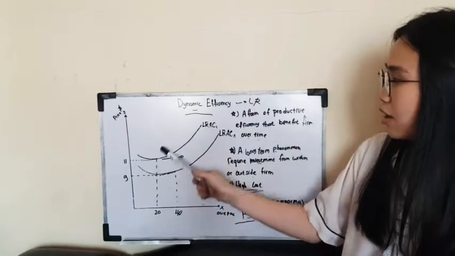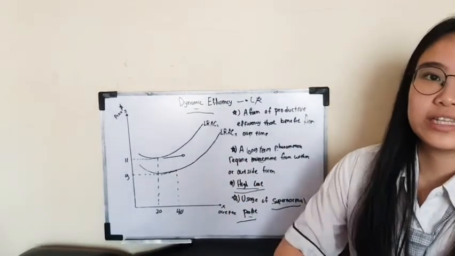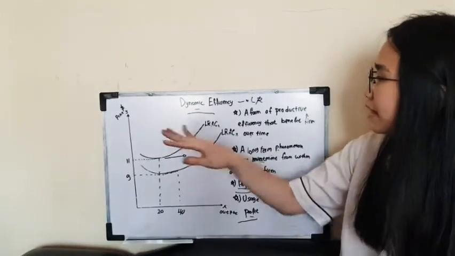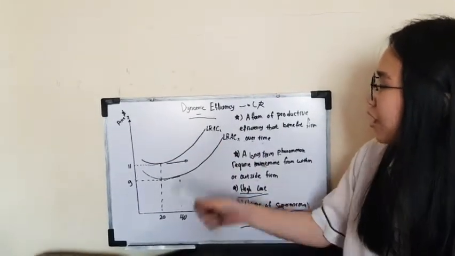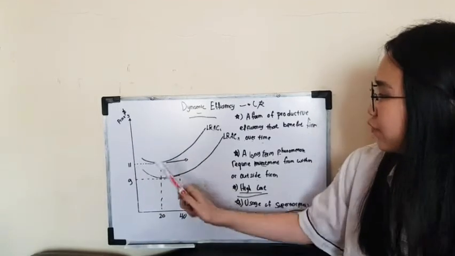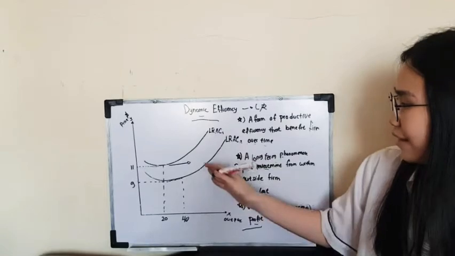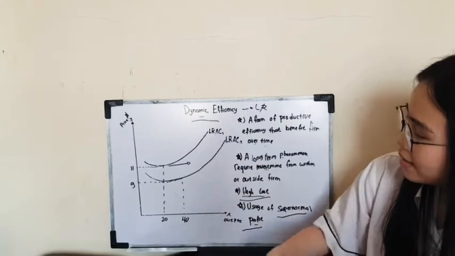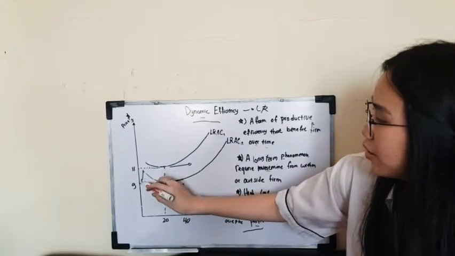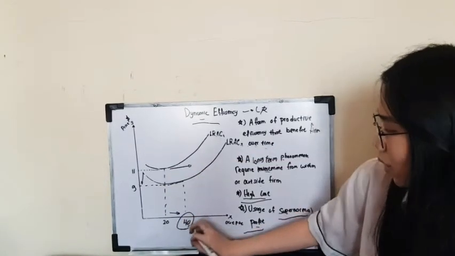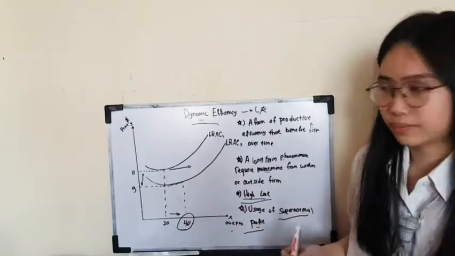Why do we use long run? Because dynamic efficiency will affect the long run, not the short run. This dynamic efficiency will cause the curve to shift to the right, which then causes the price to drop, but there is an increase in our quantity or output.